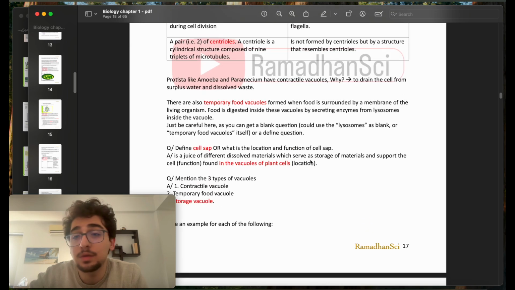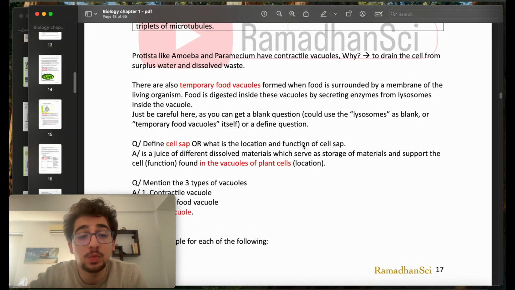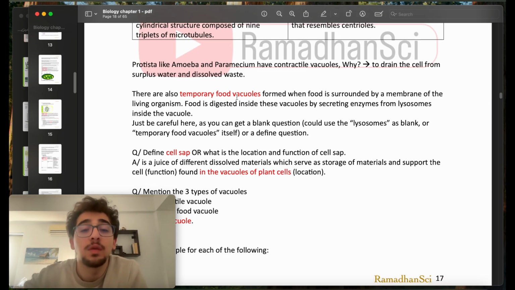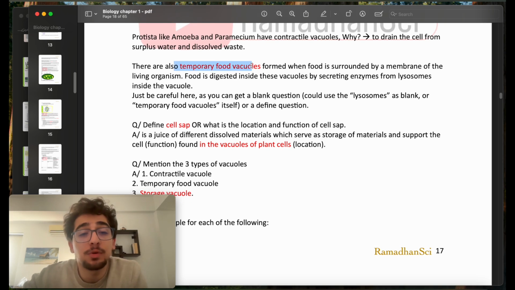This is the last thing here, the vacuoles. So they will ask you why protists, like amoeba and paramecium, have contractile vacuoles. The answer is to drain the cell from the surplus water and dissolved waste, okay? So it's just to drain the cell. We can also have something like temporary food vacuoles.